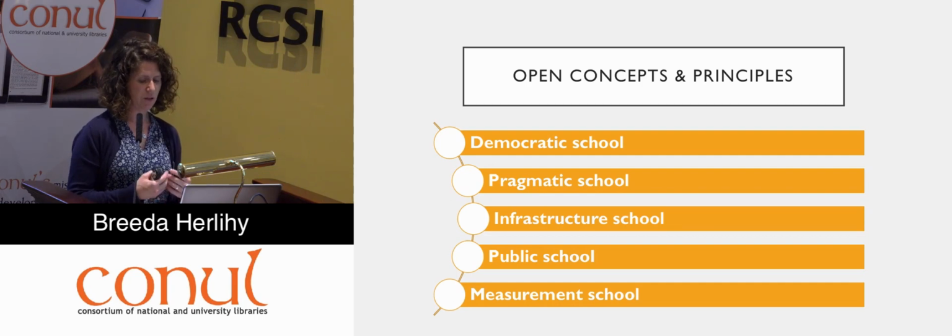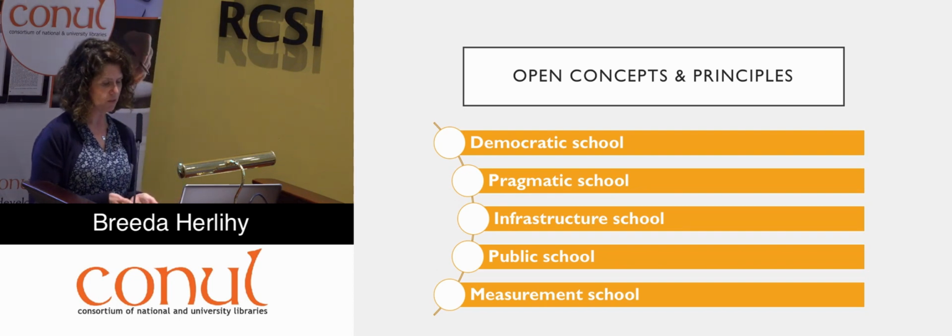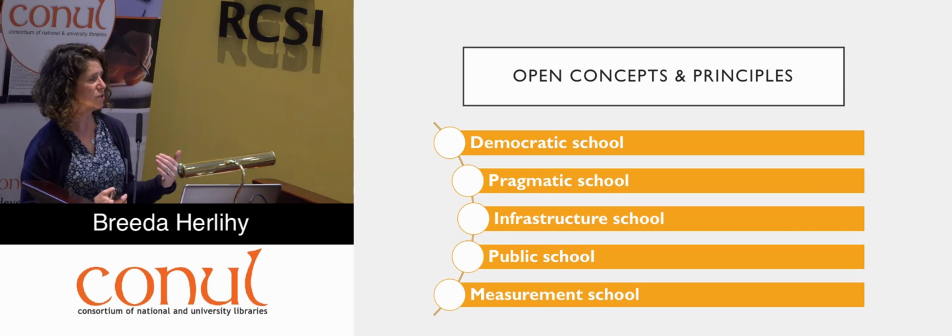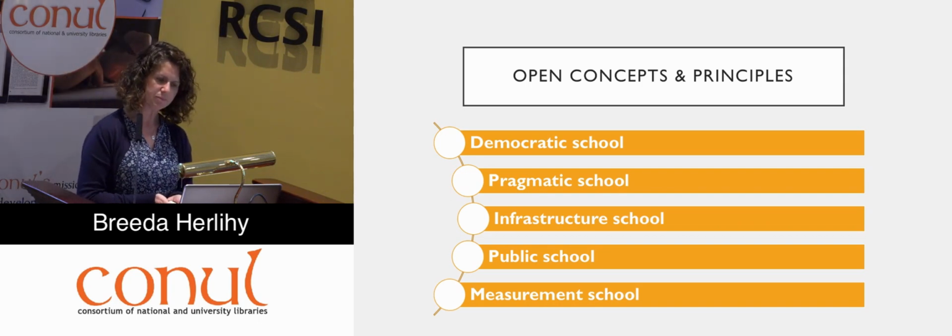So this strand is looking for alternative metrics which can make use of new possibilities of digitally networked tools to track and measure the impact of scholarship through formerly invisible activities. So greater, I suppose, transparency around how research is evaluated.